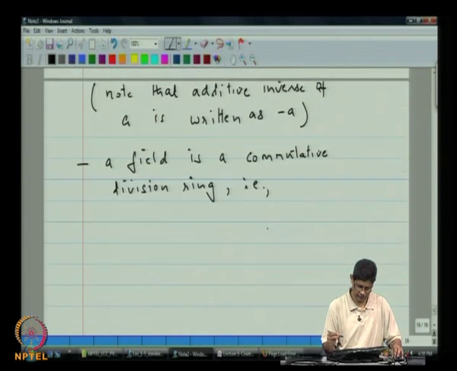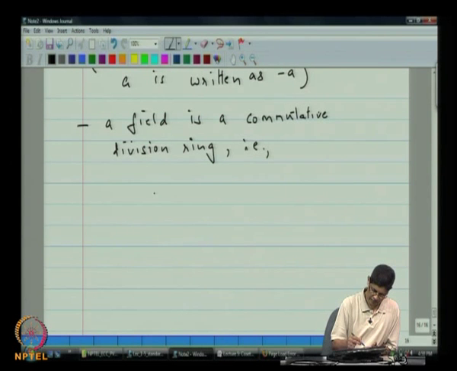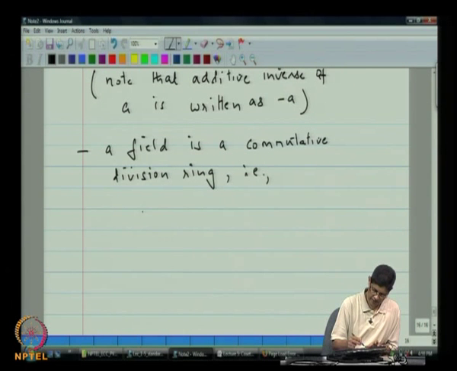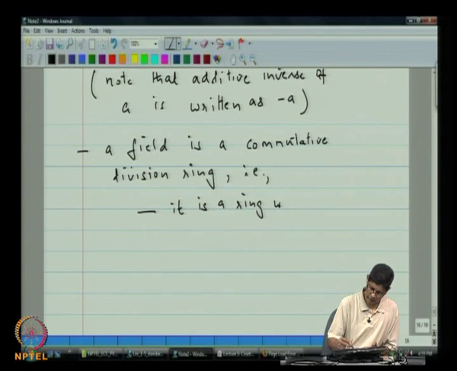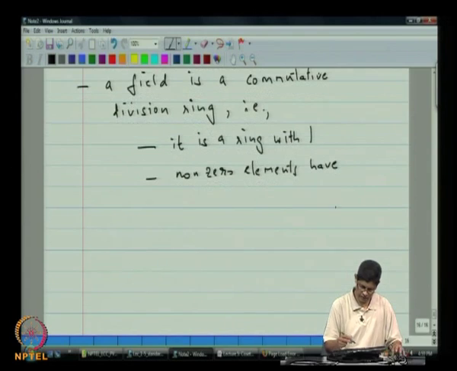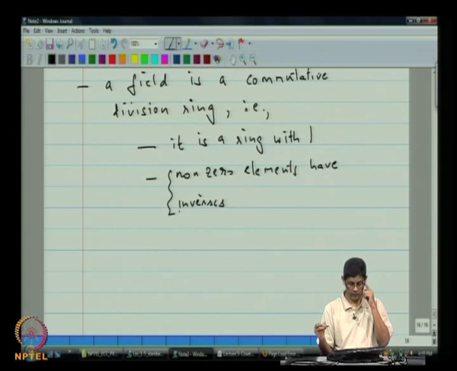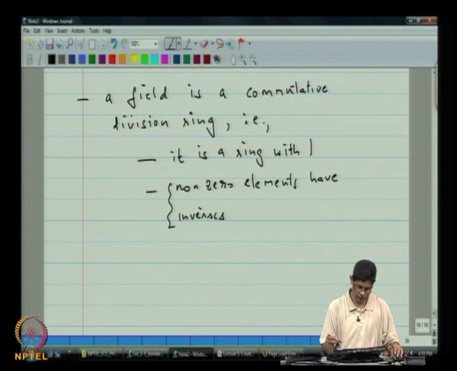Which means the following: it has identity, it is a ring with 1, the non-zero elements have inverses, and it's commutative.